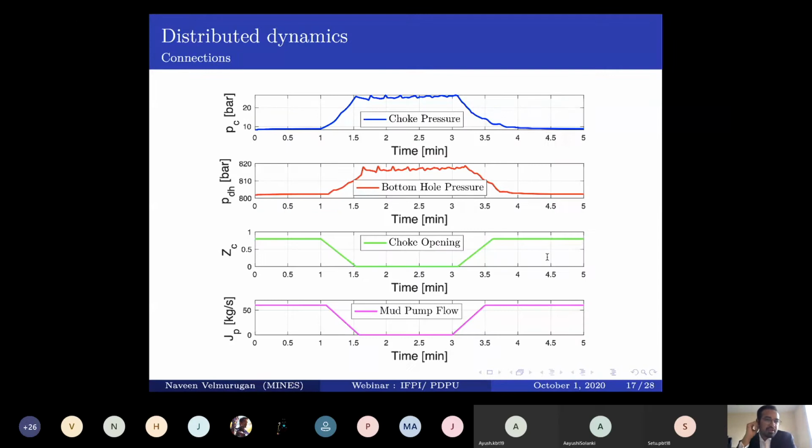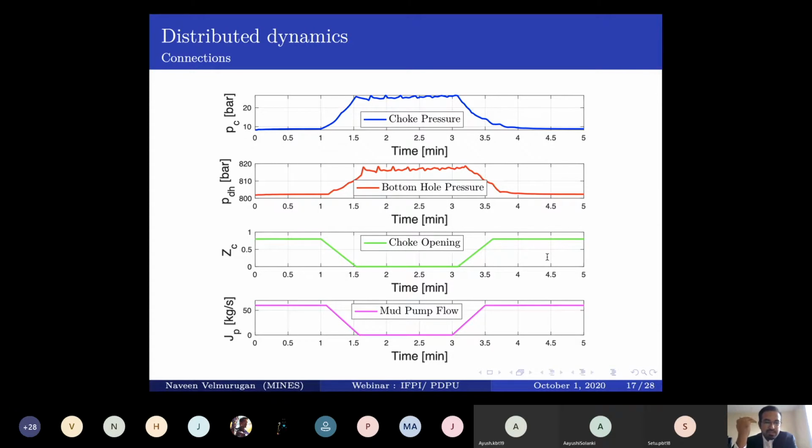And the same goes for another industry specific scenario, which is connections. So whenever you drill or you are tripping out, connection is a process that is repeated several times when you drill a wellbore, right? What exactly is connection? Let's assume that you're currently drilling, your pump is active, fluid is flowing.